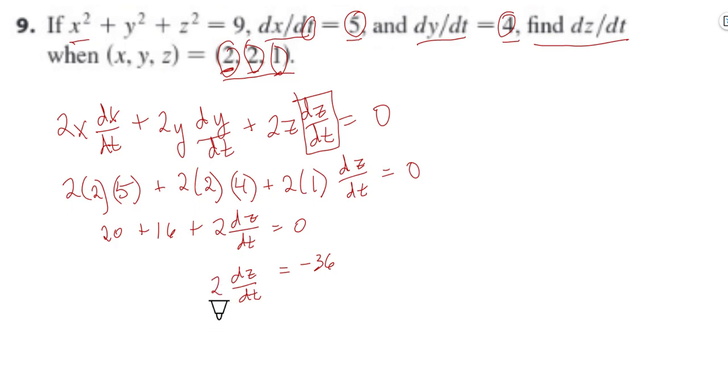And then I divide it by 2. So we find that dz/dt is negative 18. So it's actually the rate is negative. Whatever's happening, z is getting smaller. x and y are getting bigger. z is getting smaller.